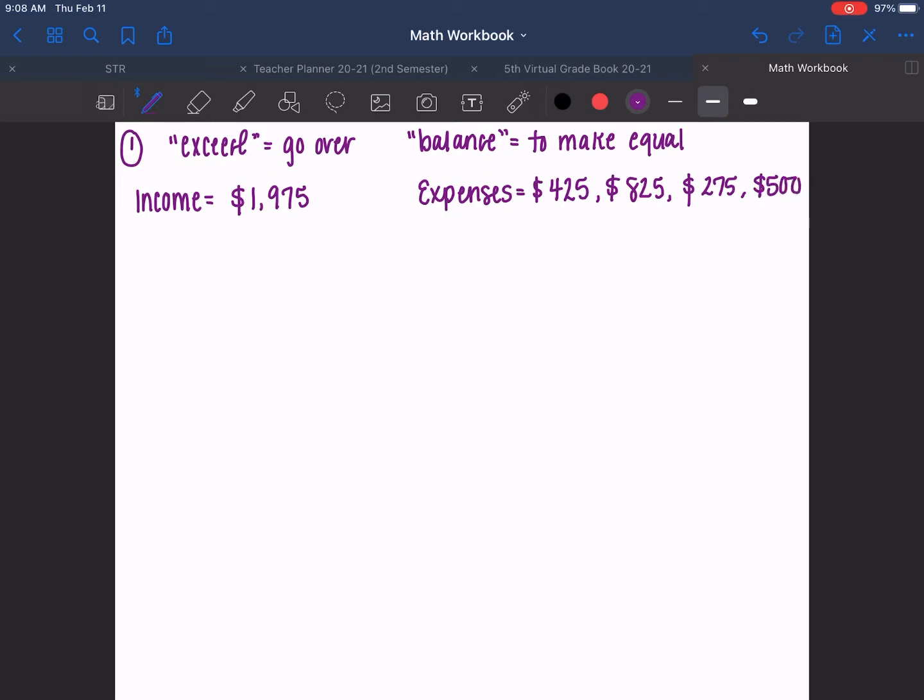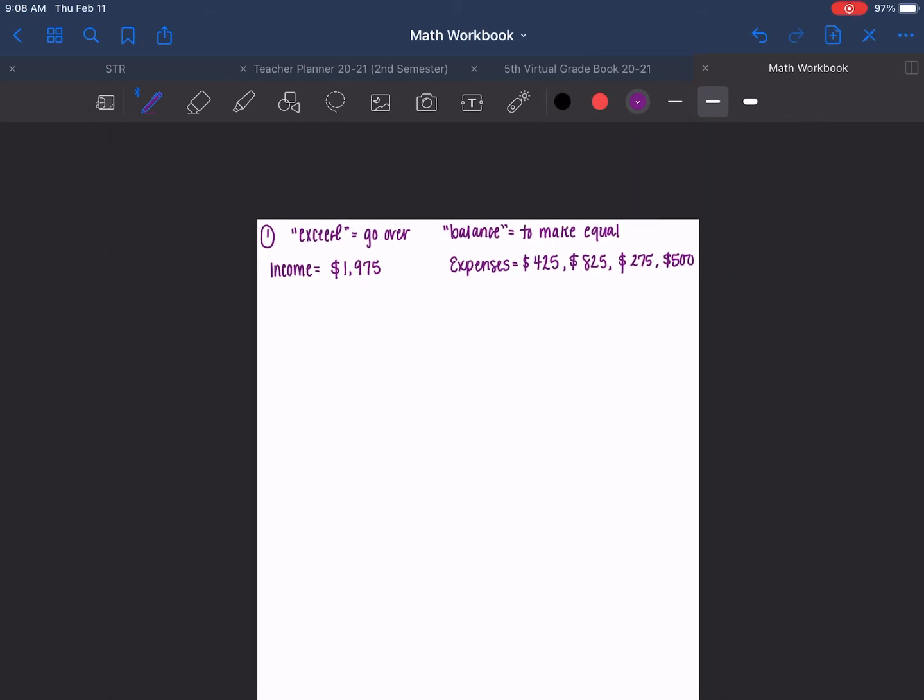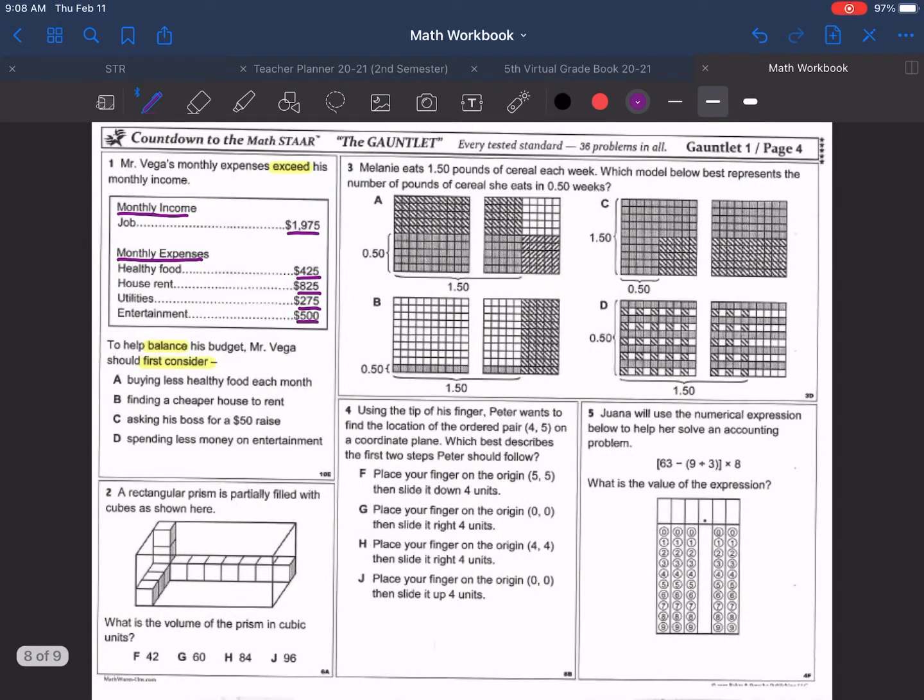All right, now that we have the monthly expenses written out, let's go back and take a look. We need to figure out how to help Mr. Vega balance his budget and what should be the first thing Mr. Vega considers to help be equal to his monthly income instead of going over every month.